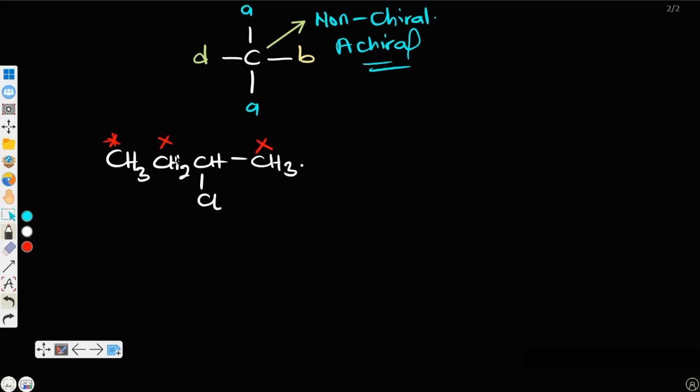If we draw the structure for this carbon, you put it at the center. What do you have attached? Hydrogen. To this side, Cl. To this side, CH3. To this side, CH2 and CH3. Now, is this carbon center a chiral carbon?